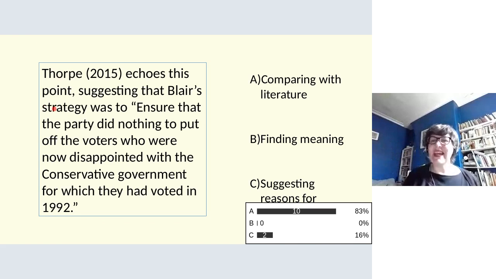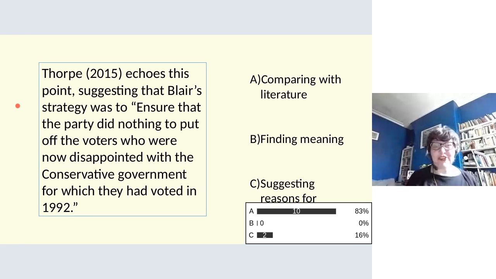Thorpe echoes this point. Okay, so that's a nice variation for your use of language. Before we finish, I will also just make sure that you all know about the Manchester University Phrase Bank, which can really help you develop this kind of phrase really nicely. So, Ruby, use the literature to give meaning or support for a previous finding, backs previous points up.